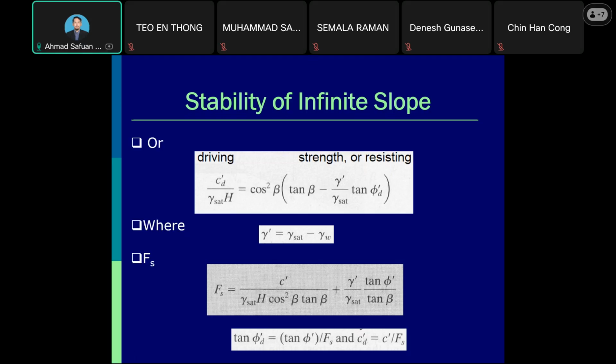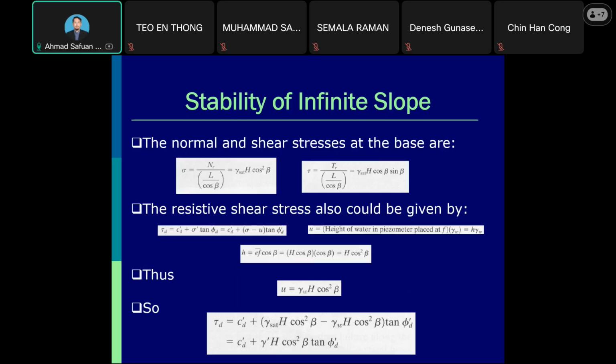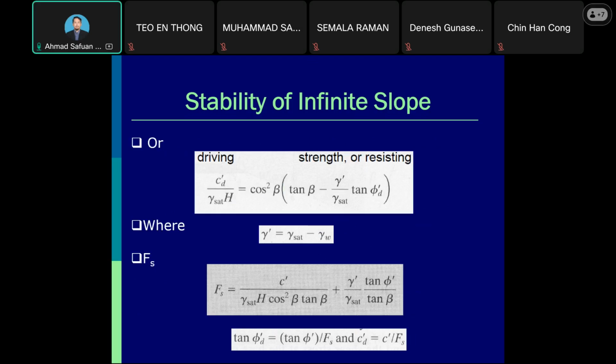Later on, we simplify the equations for the driving and also for the resisting. Only for the driving, because the water doesn't experience shearing, we may use what we call the saturated unit weight.